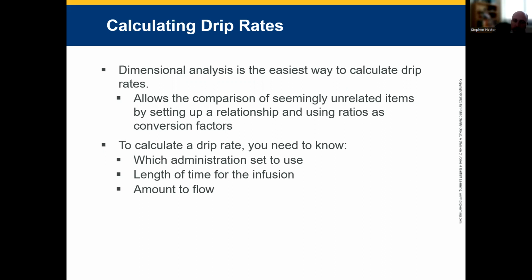All right, dimensional analysis is the easiest way to calculate drip rates. So which administration set to use, the length of time for the infusion, and the amount of flow.